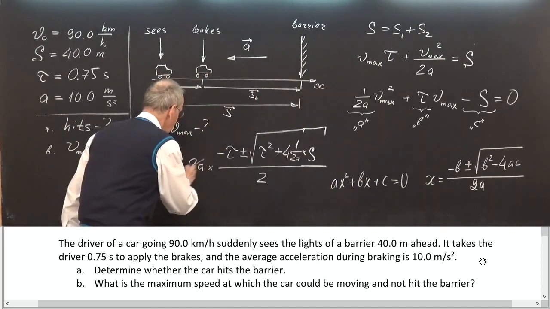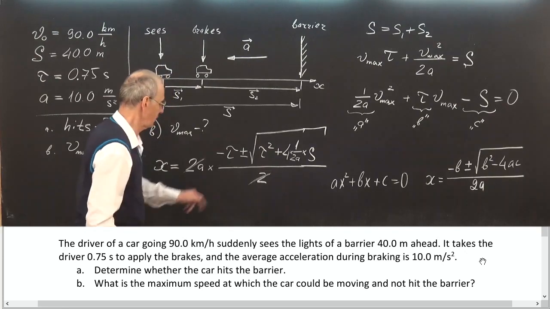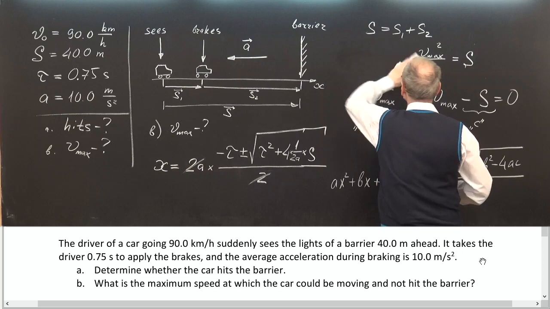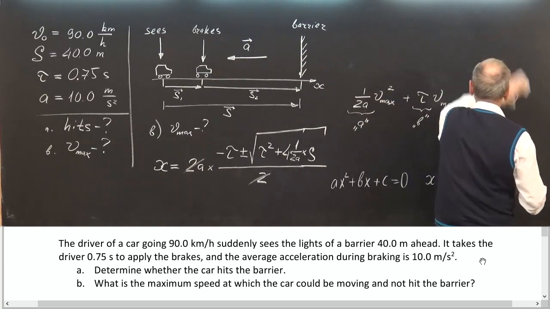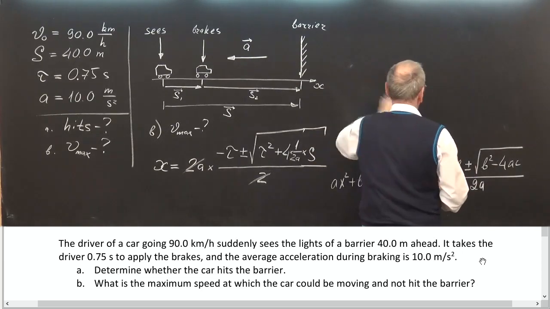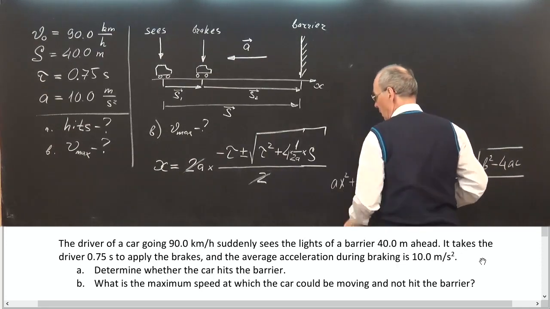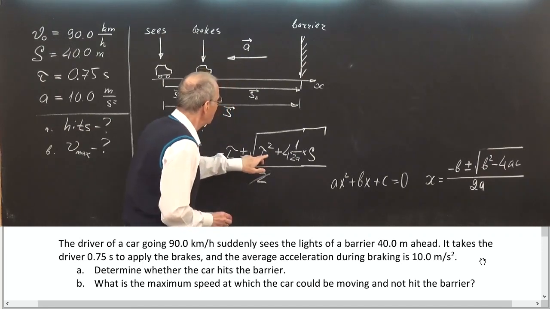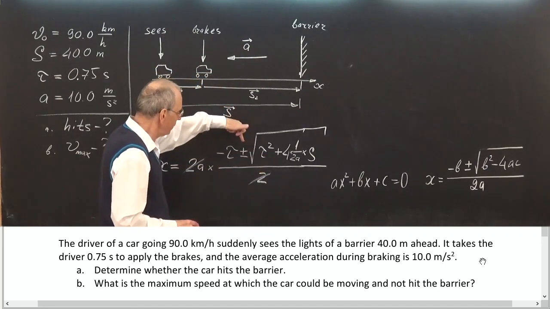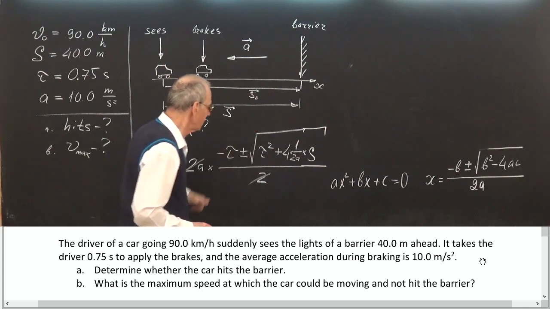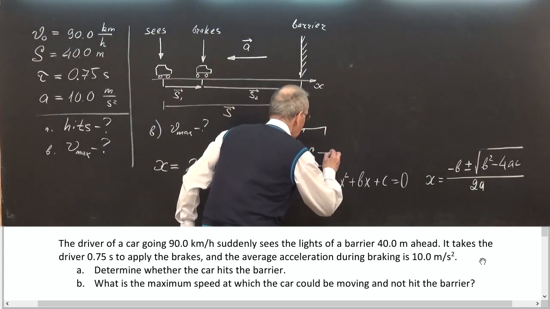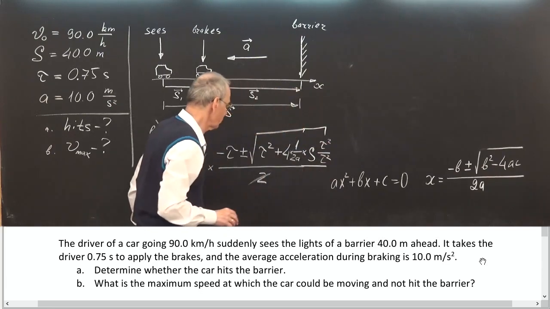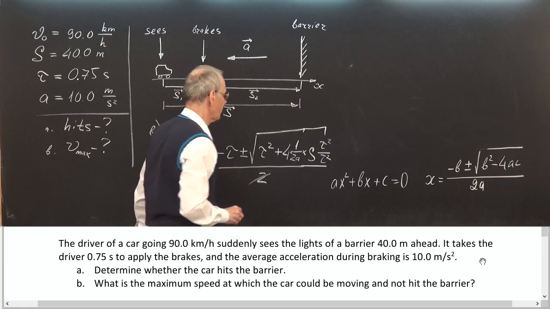Okay, these twos divide out. Now, let's take this tau squared out of the root. To do this, let's multiply by tau squared and divide the last term by tau squared.